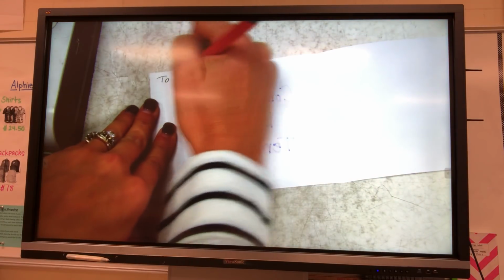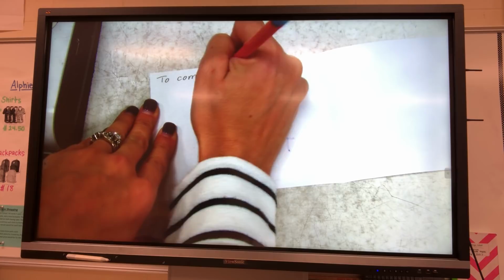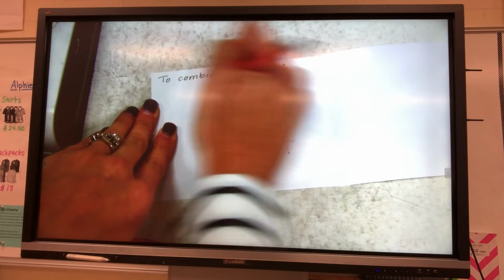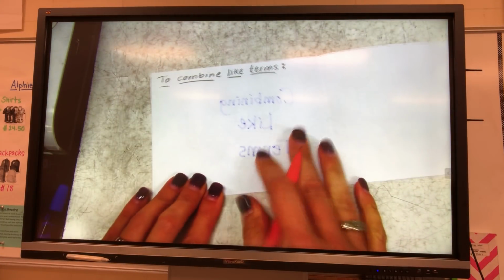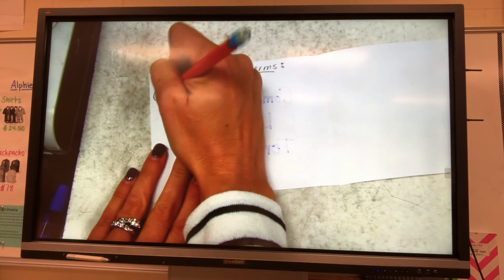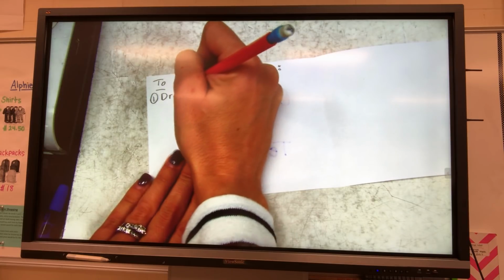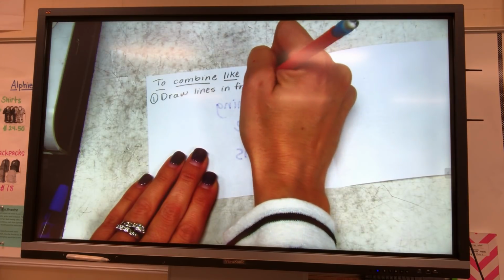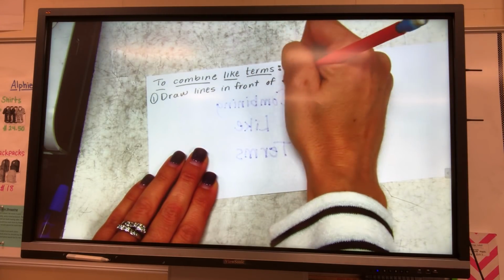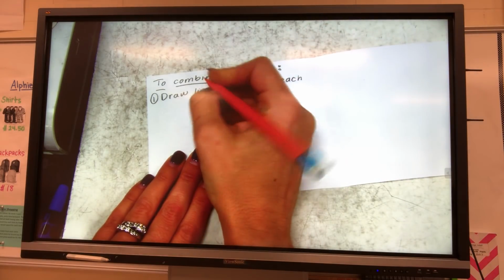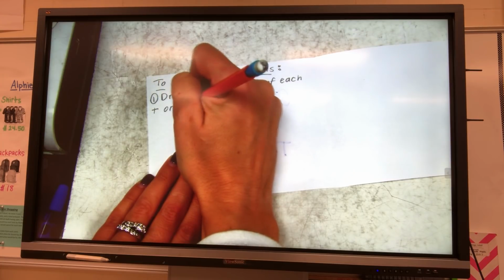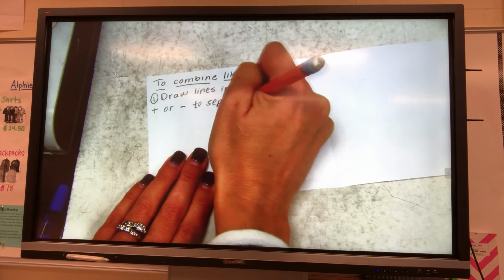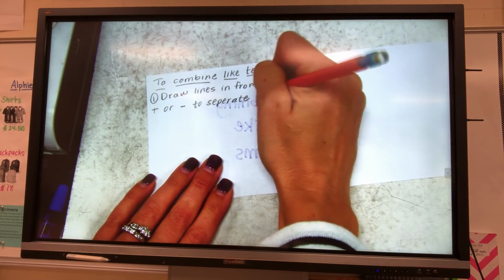So, to combine like terms. Number 1: draw lines in front of each plus or minus to separate the terms.